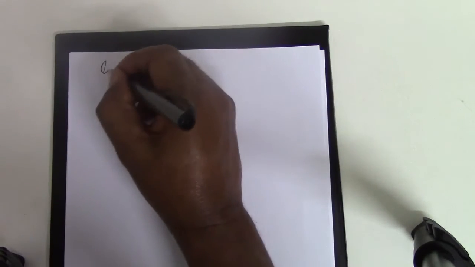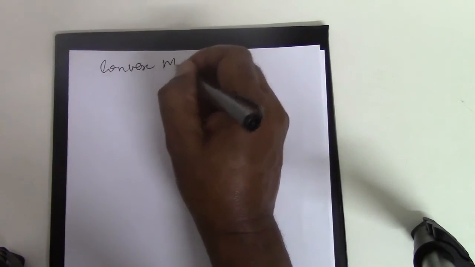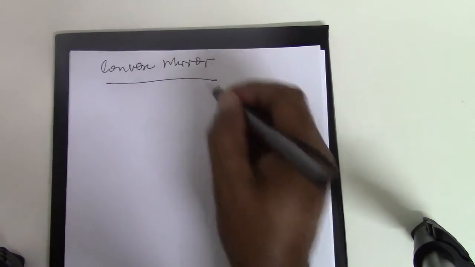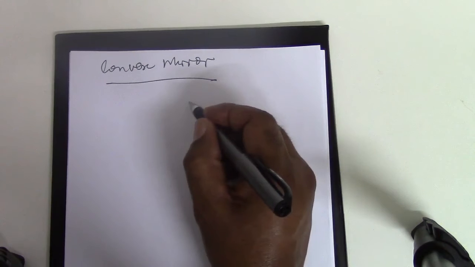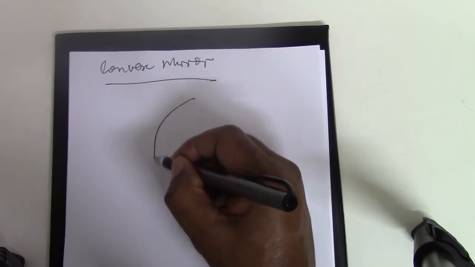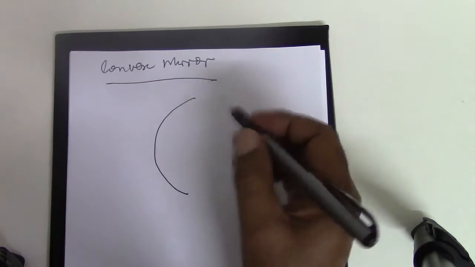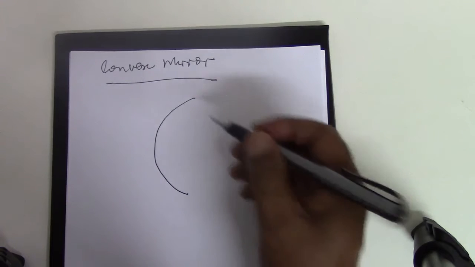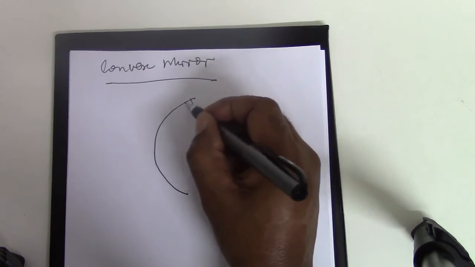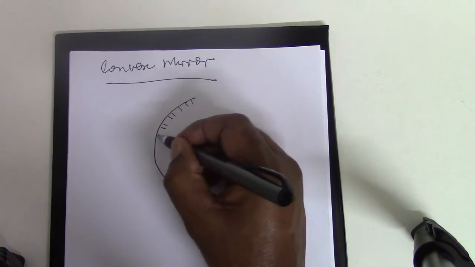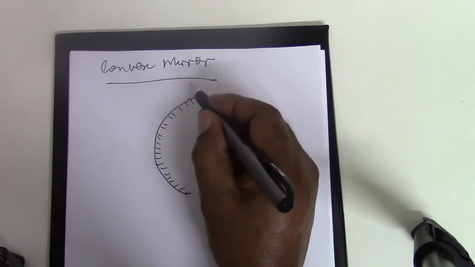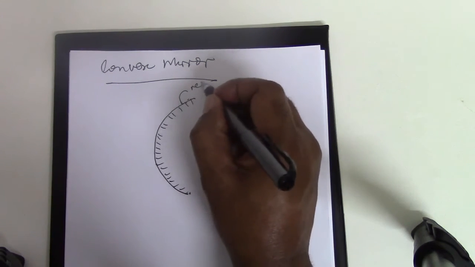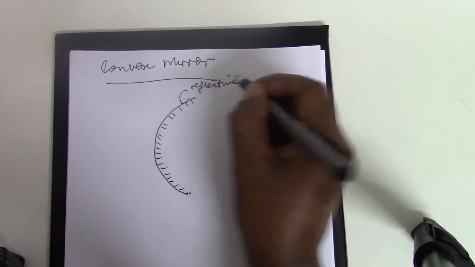Now let's look at the convex mirror. Right. We can represent it diagrammatically again in this manner. Now check. It is still the section of a sphere, but this time the inner surface is non-reflective, and the outer surface here is the reflective surface.